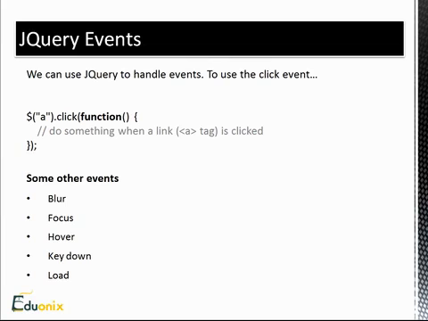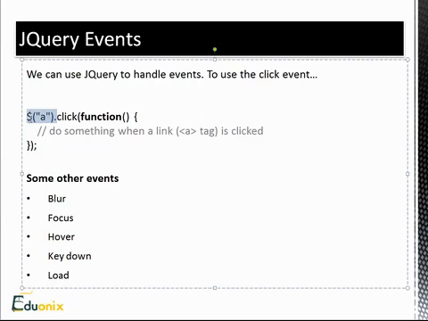jQuery events. Like I said, jQuery is very good at handling different kinds of events, and here we can see an example. We're selecting all the a tags. Okay, so we know that an a tag is a link, so we're saying all the links, when we click on a link, we're going to run this function, which has nothing in it because this is just an example, but we could do, let's say, like we just saw, the addClass action.